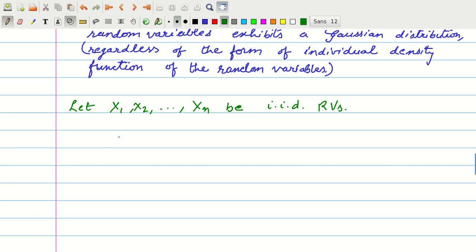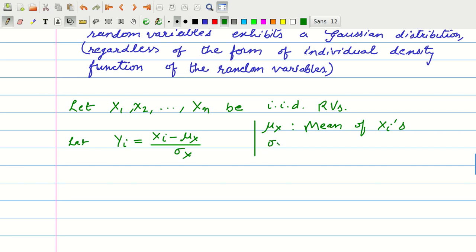Let us define another random variable. Let Yi be (Xi minus mu_x) upon sigma_x, where mu_x is the mean of the Xi's, because all have the identical distribution, so the mean of all the random variables will be the same.